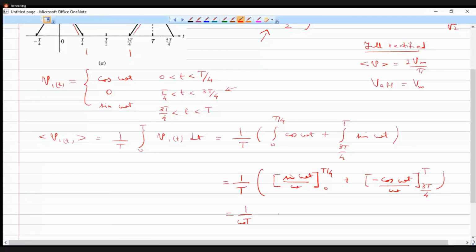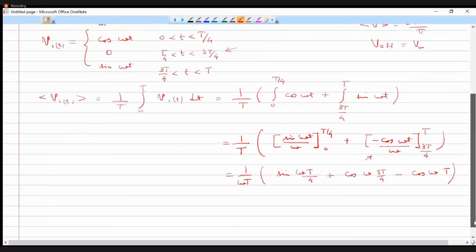What remains is sine omega T by 4 plus, since I have this minus, lower limit minus upper limit: cos omega into 3T by 4 minus the upper limit, cos omega T.